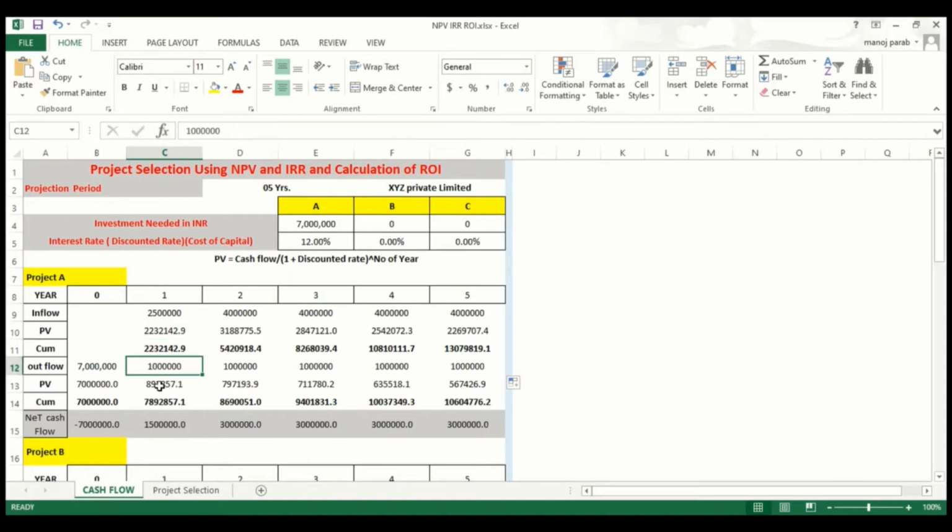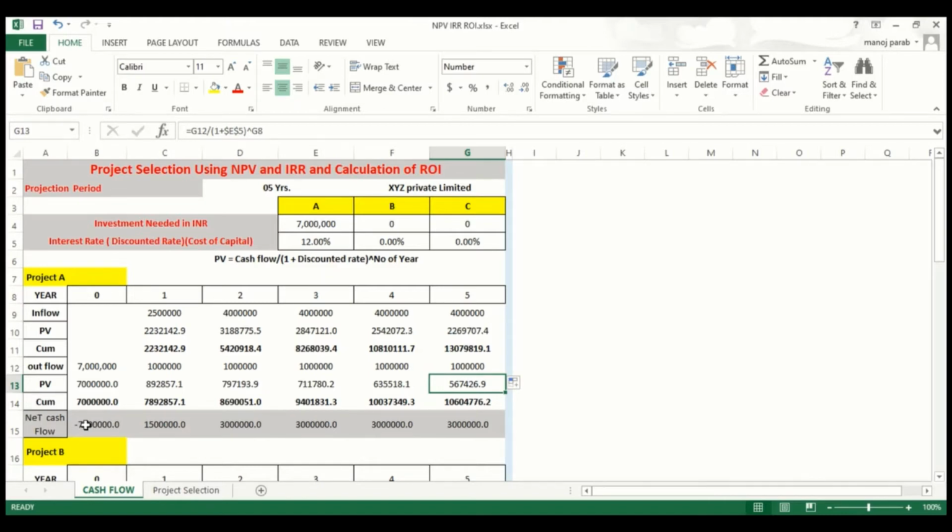In the same way we have calculated the present value for the outflow amount. This is the 10 lakhs we are considering as first year outflow. So what is the present value? We have calculated it in this way, for all 5 years.